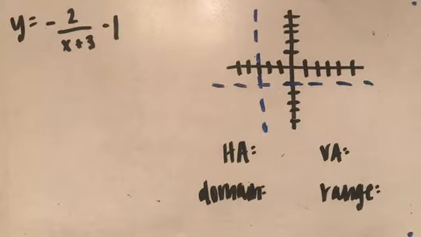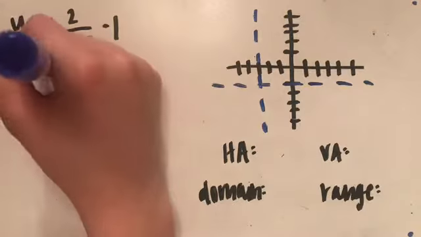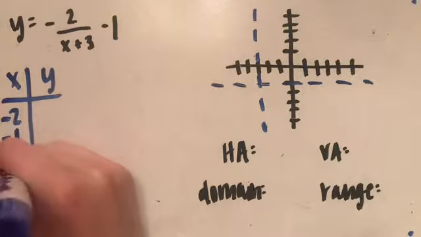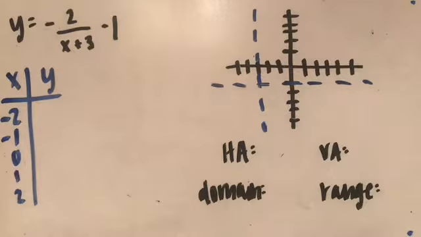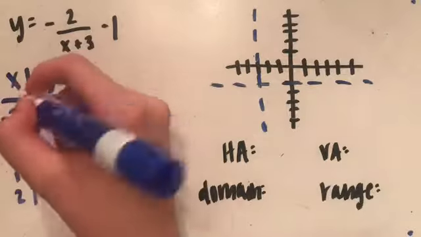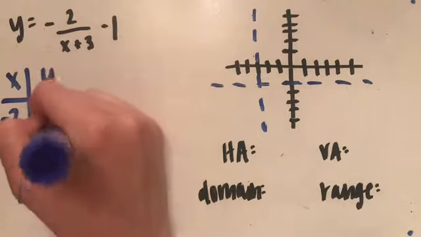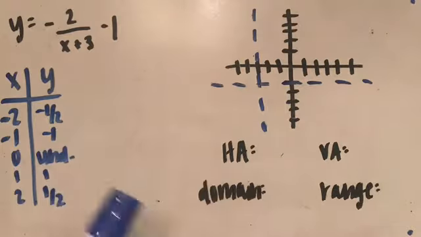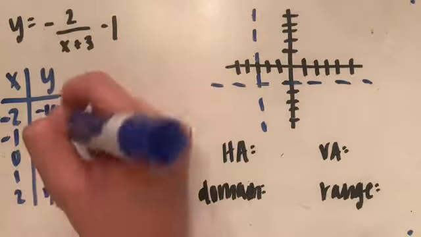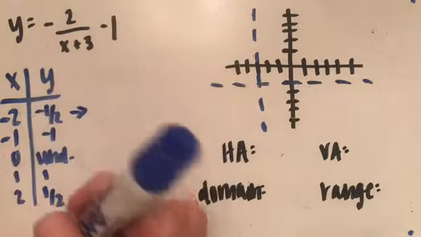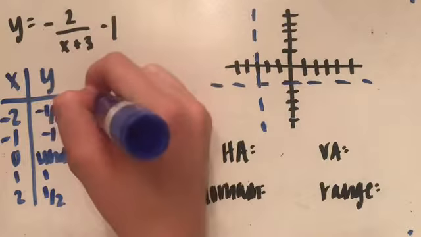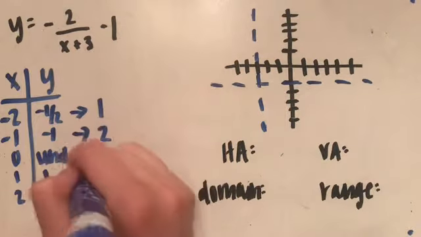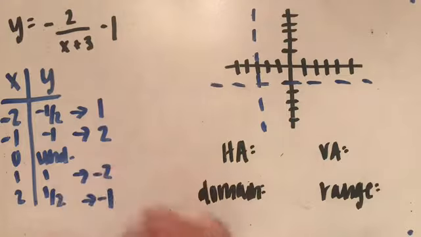Now we can start with our table. If we had the parent function, it would just be -1/2, -1, undefined, 1, and 1/2. But since we have a -2, we multiply everything on the y side by -2. So we get 1, 2, -2, -1.